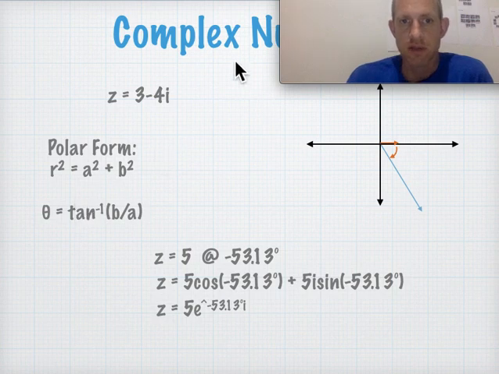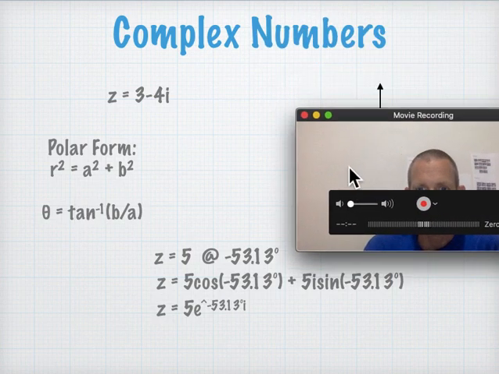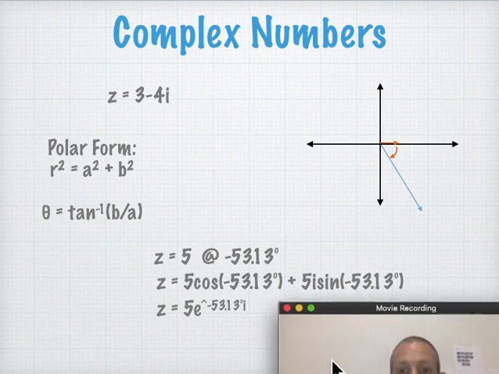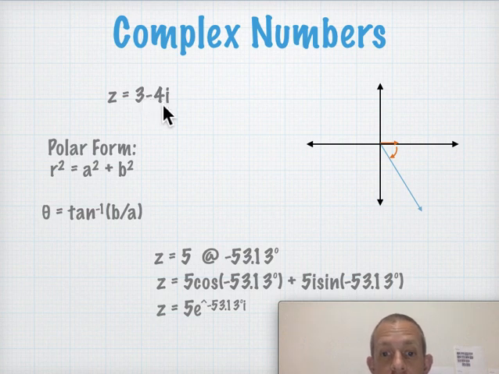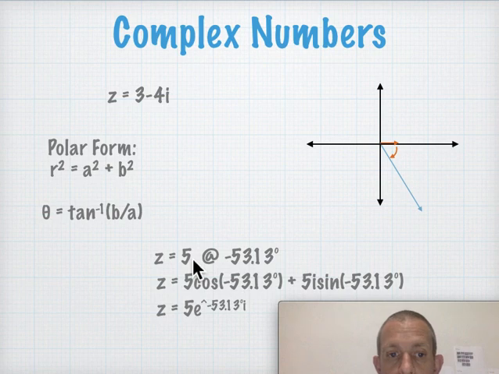Now, complex numbers can be written in what we call a plus bi form, which is what we have here. We've got the real part and the imaginary part. But you can also write it in what is called polar form.